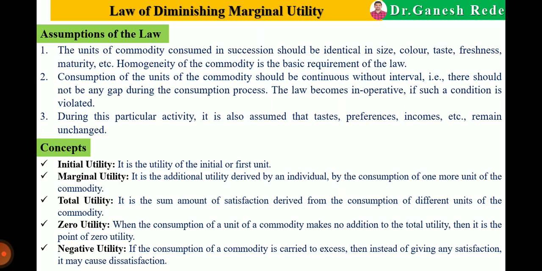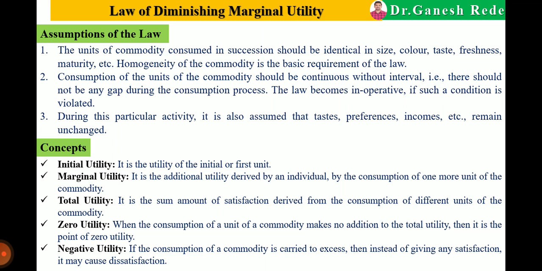The next is total utility. Simply, it is the sum of satisfaction derived from all units of the commodity. The next is zero utility.